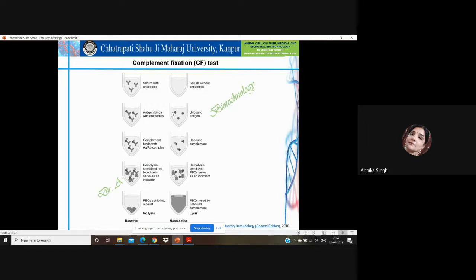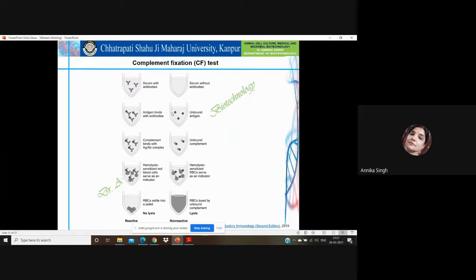So these complement proteins must be destroyed and replaced, because each and every complement is specific for its antigen antibody complex. So these complement proteins must be destroyed and replaced by a known amount of a standardized complement protein.